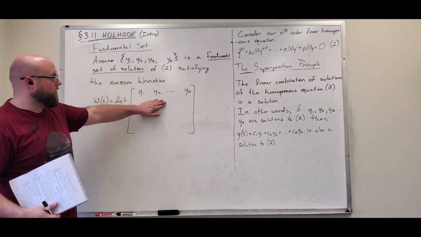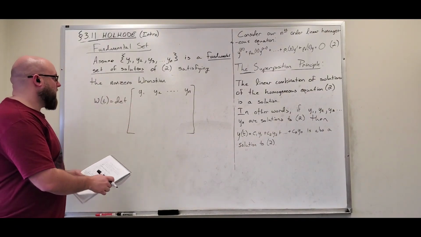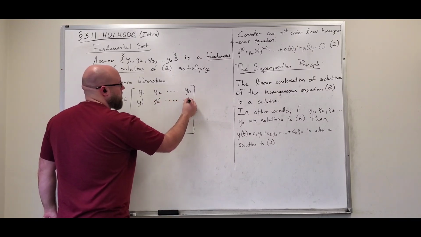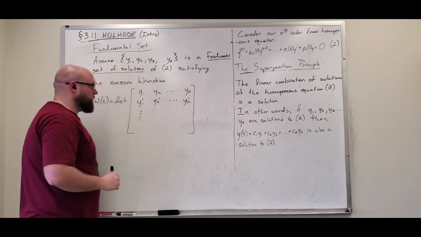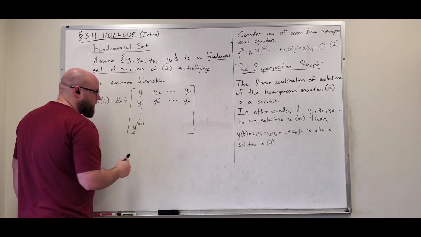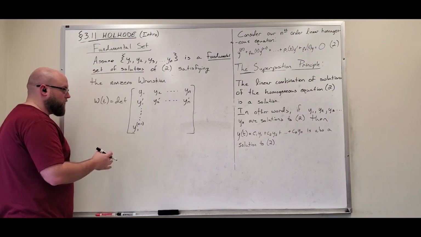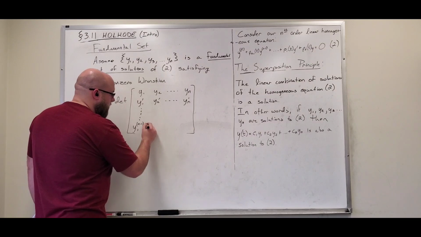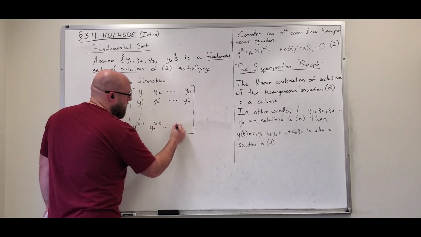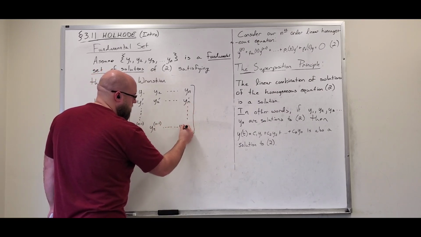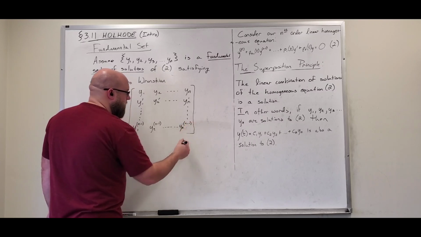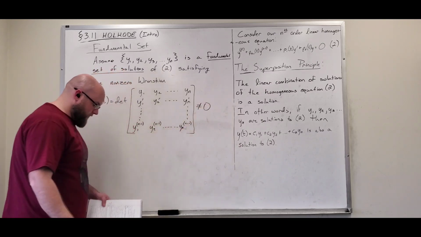So we have all of the original solutions here, and then we have our row of first derivatives, and then all the way down to the n-1 derivative. And again, putting parentheses around our number indicates that we are dealing with a derivative. So our n-1 derivative. We want this to be not equal to 0.